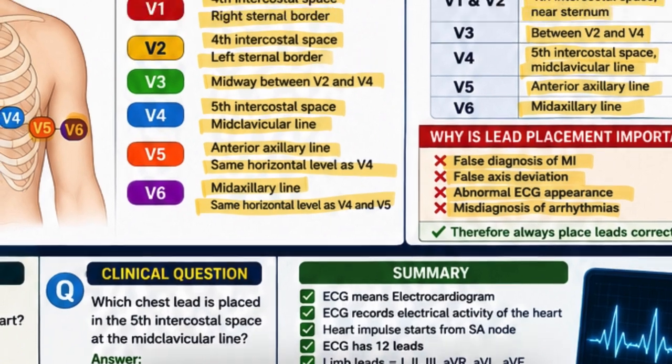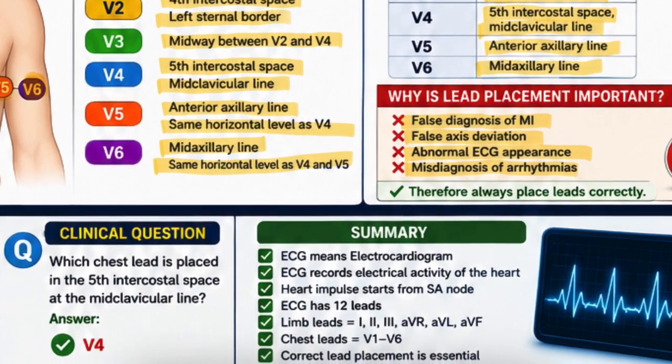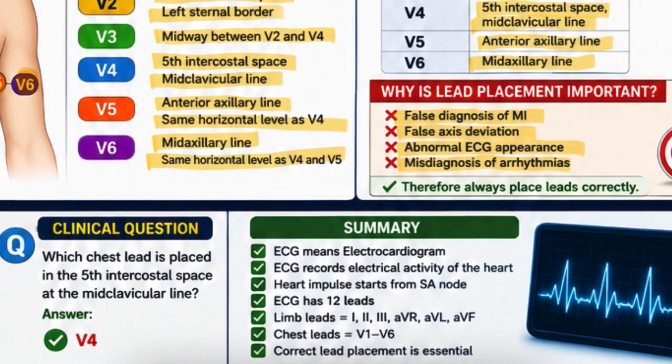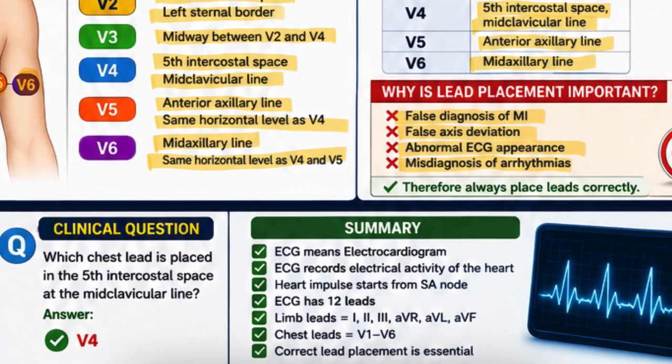Next, in summary, what are the things we learned today? I'm making very short and simple videos for ECG because if you're making a series, you can easily understand and easily learn, and you can watch many times, so you will get one idea. Okay, so these are the things.